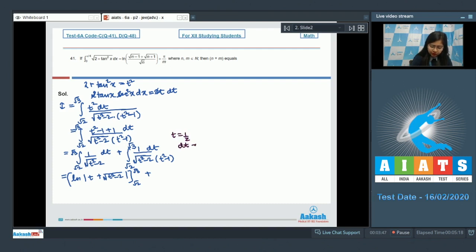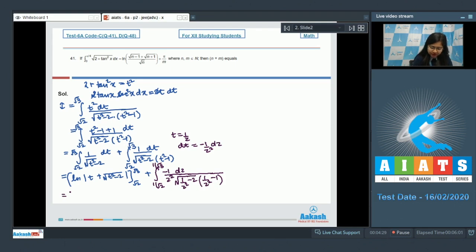So we have dt equal to minus 1 by z square dz. So the integral is from 1 by root 2 to 1 by root 3 of minus 1 by z square dz, divided by square root of 1 by z square minus 2 into 1 by z square minus 1.